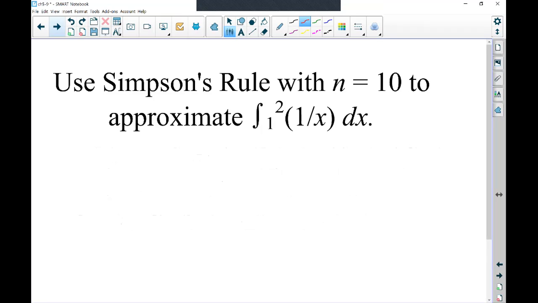But we're using Simpson's rule, which is going to make it even more accurate than those other approximations. So our delta x, b minus a over n.